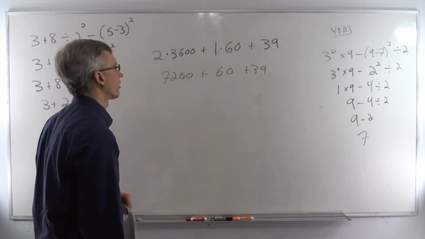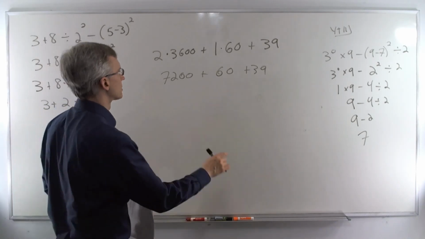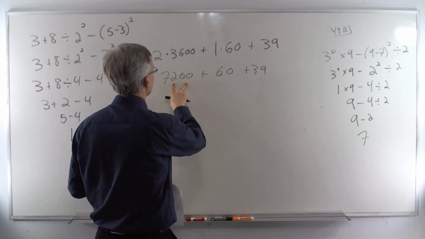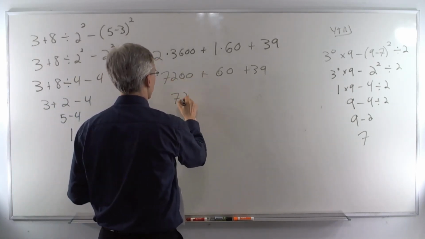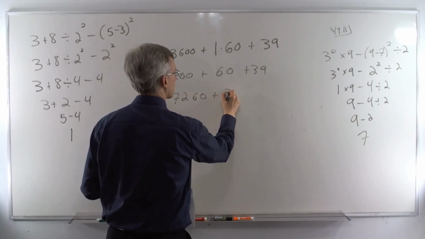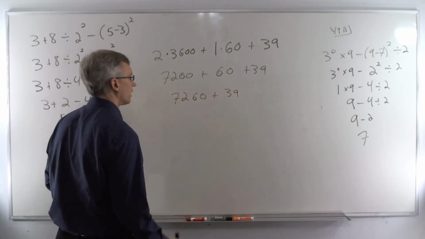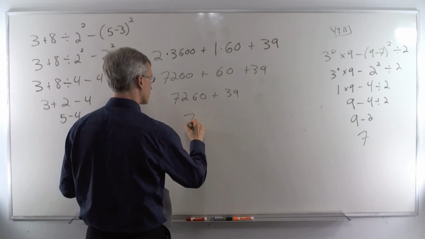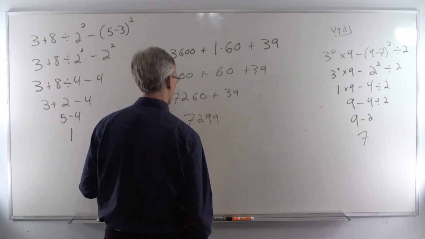All right, so we're going to have to add all these together. Let's see. 7,200 plus 60, that gives us 7,260 plus 39. And then finally add these together and we get 7,299.